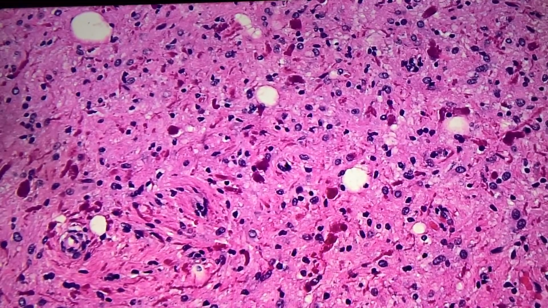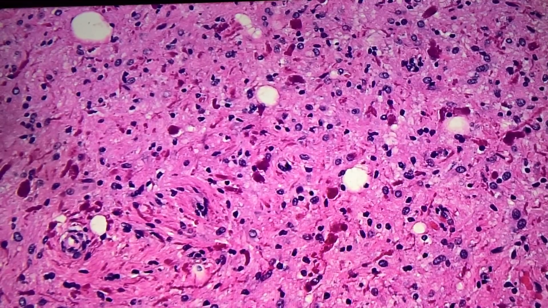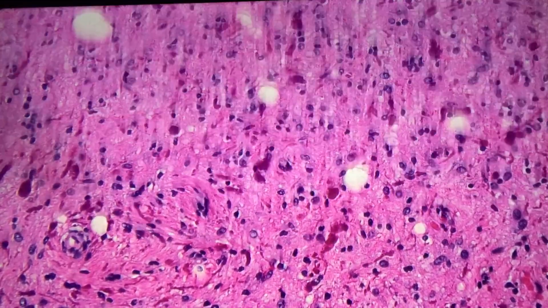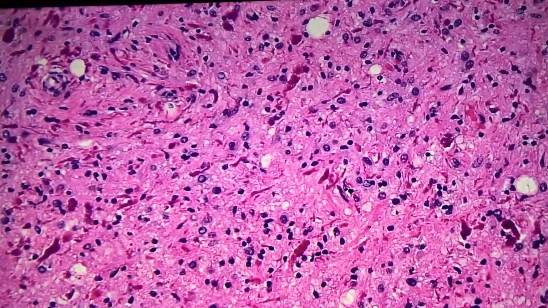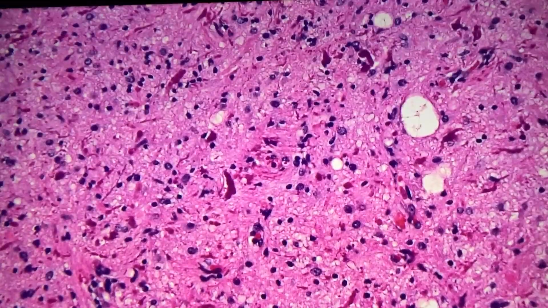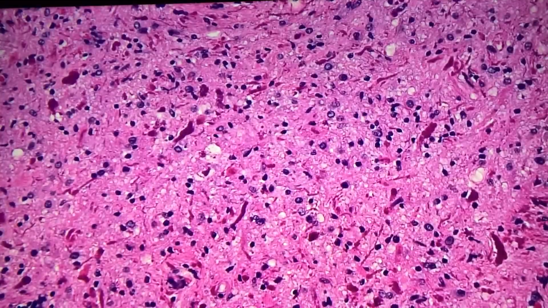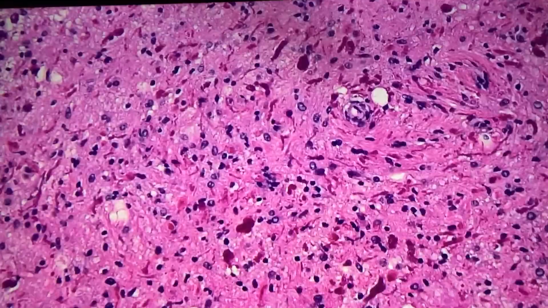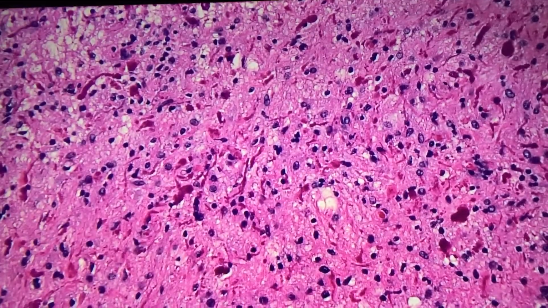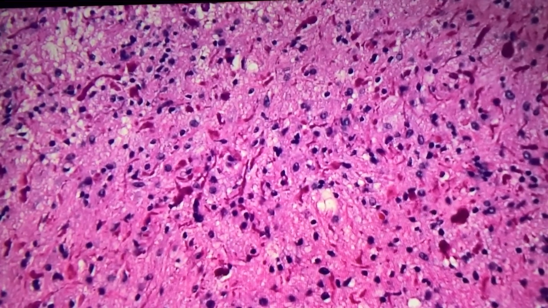So does a Rosenthal fiber mean that you're in a tumor? No, you can see it in reactive gliosis, or Alexander's disease can give you diffuse Rosenthal fibers too. Yeah, so it doesn't necessarily mean that; you can see them in a gliotic reaction adjacent to a lesion. Is there a standard differential diagnosis for what you should be thinking when you see lots of Rosenthal fibers?